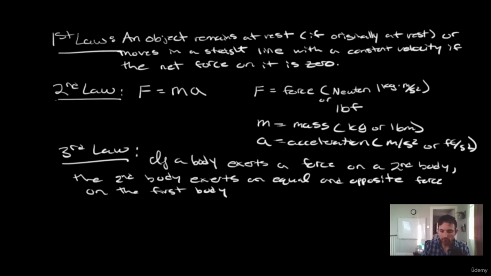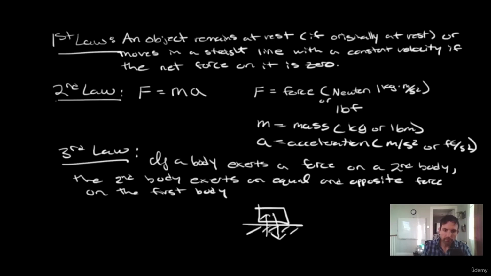So like on the third law here, if I have a box and it's resting on the ground, we have that box's weight pushing down onto the floor. That looks like a force. Okay, we have that object's weight pushing down on the floor. Well, that means there's a normal force from the floor pushing back on the box. And not only is it doing that, but it is equal in magnitude and opposite in direction of the weight of the box.